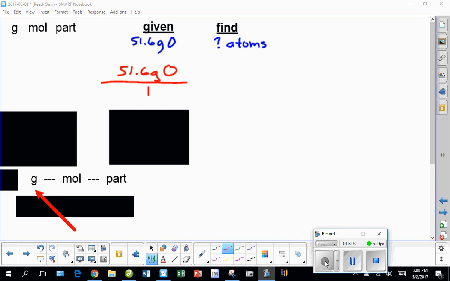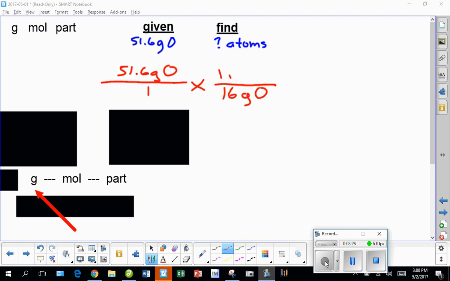What are we going to get to next? Moles. Yeah, we just follow the path. Isn't that great? So, what has to be on the bottom? 16 grams. Where did you get that number from? Periodic table. Excellent.